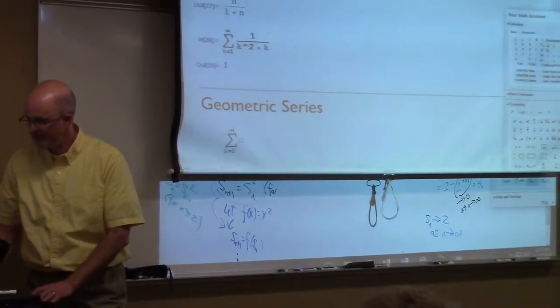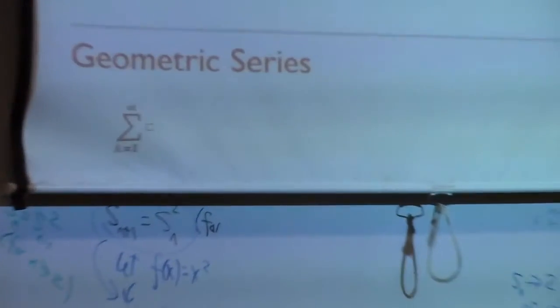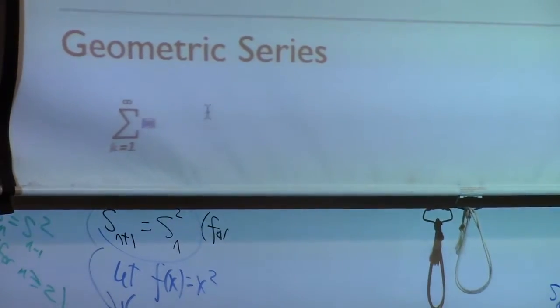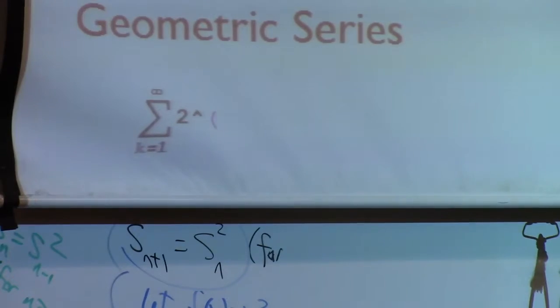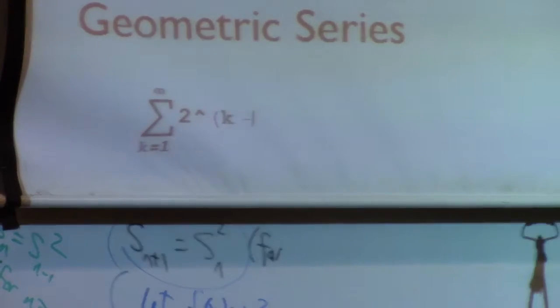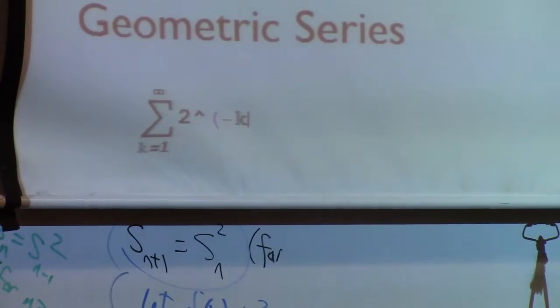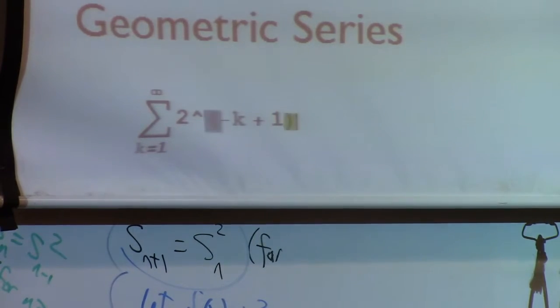I can put an infinity up there. Zoom in on that if you need to. You can write this series as the summation k goes from 1 to infinity of 2 to the negative k plus 1 power, actually.